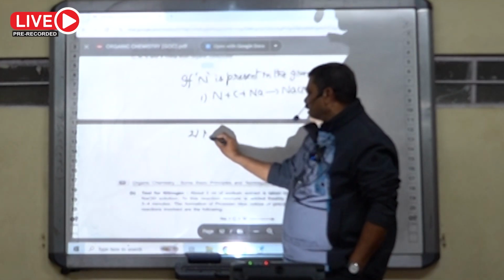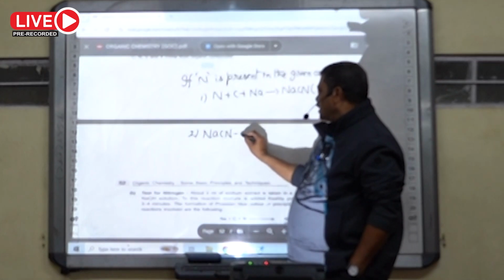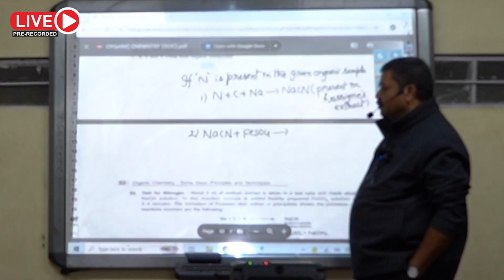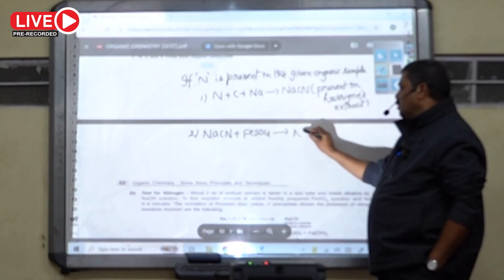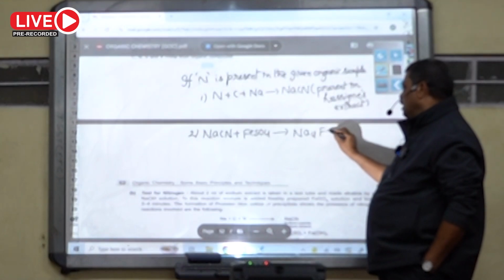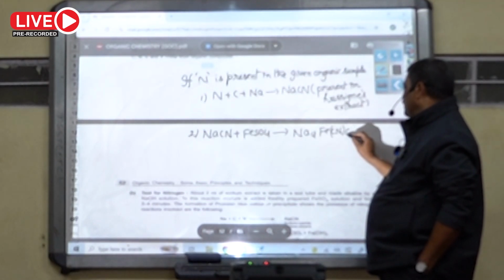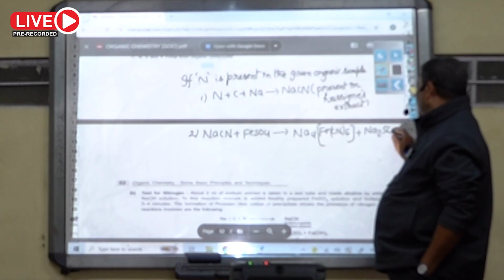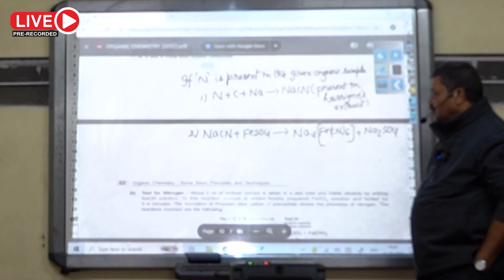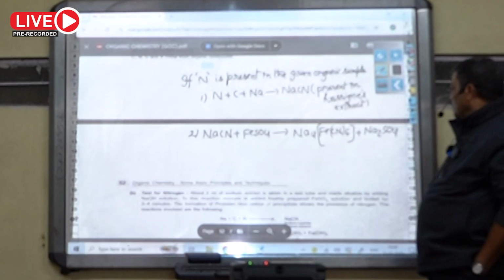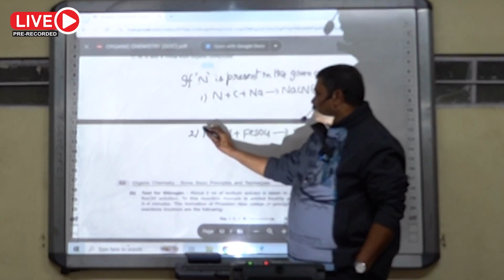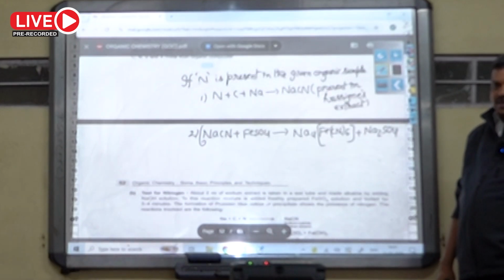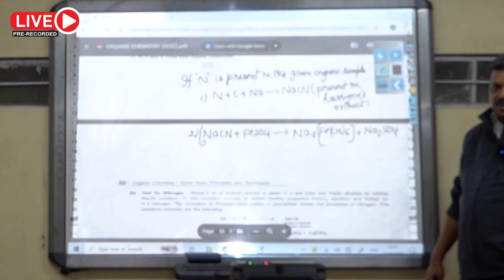In the second step, the sodium cyanide in Lassaigne's extract is treated with freshly prepared ferrous sulfate. You will get sodium ferrocyanide, Na4[Fe(CN)6], like potassium ferrocyanide, K4[Fe(CN)6].